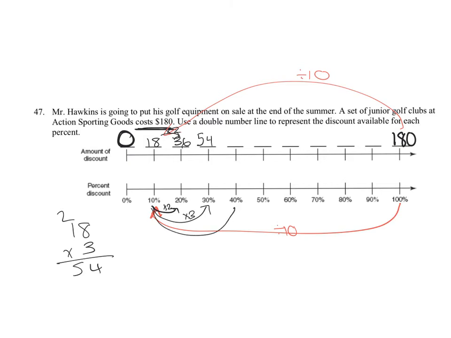Same thing, 10 times 4, so I can do 18 times 4, which gives me 72, and so on and so on. So then 18 times 5 would give me 90. 18 times 6 gives me 108.